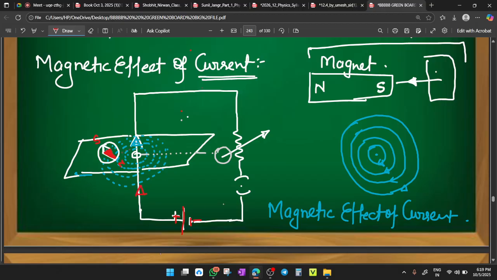When he reversed the polarity, minus here and plus here, the direction of the current changed. Then what happened? The direction of the magnetic field also reversed. This means the orientation of the poles is totally reversed. The north pole will point outside and the south pole will point inside. Clear?